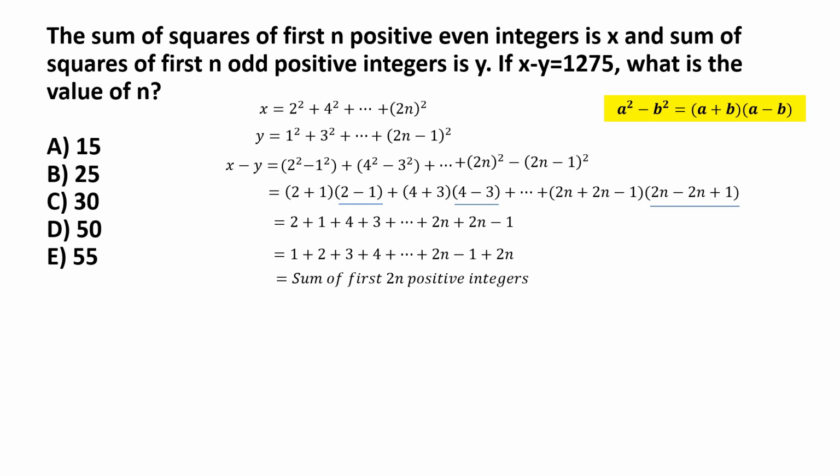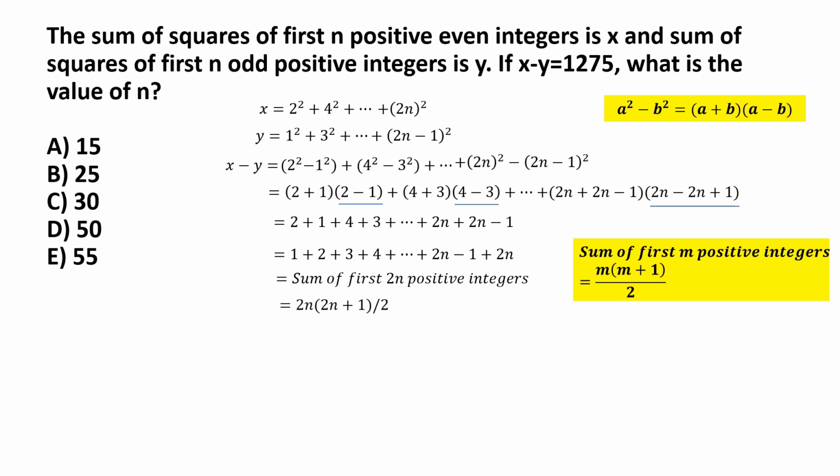And here it's useful to recollect the formula for the sum of the first m positive integers, which is simply m multiplied by m plus 1 divided by 2. So if we substitute m equal to 2n, because we have the sum of the first 2n positive integers, we can write that sum as 2n multiplied by, within parenthesis, 2n plus 1, divided by 2.